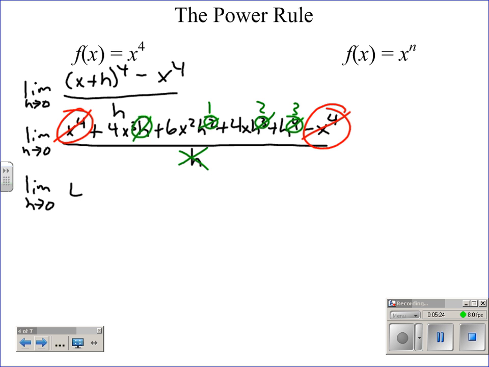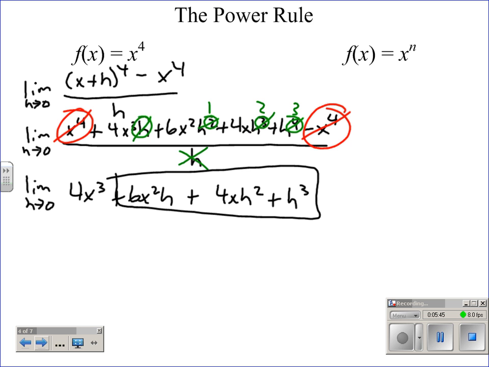The result is 4x cubed plus 6x squared h plus 4xh squared plus h cubed. Taking the limit results in the last three terms all being 0, so we can get rid of them. All that's left is 4x cubed.